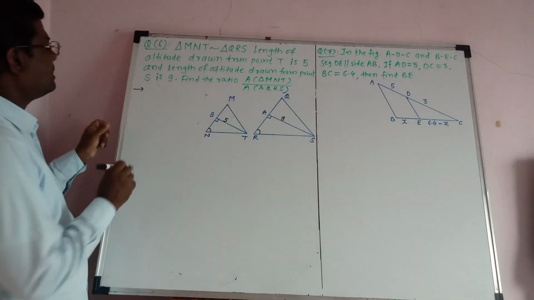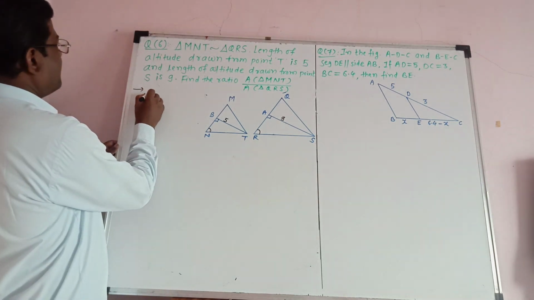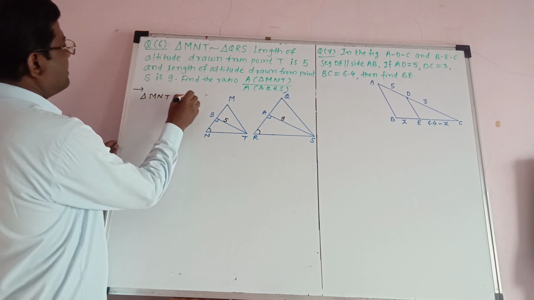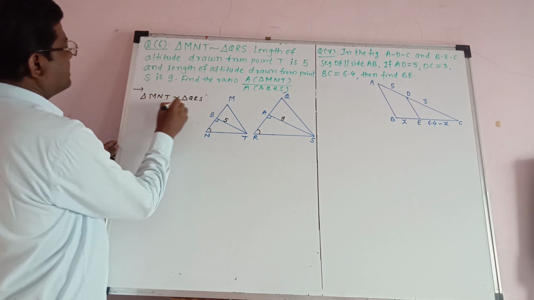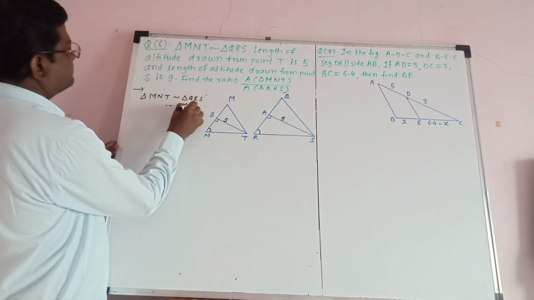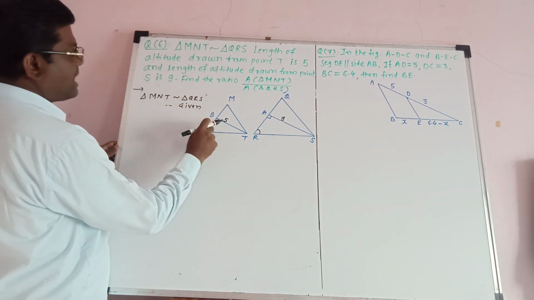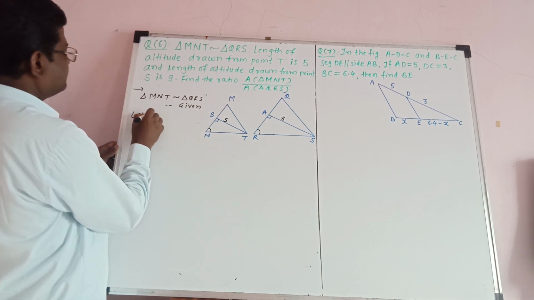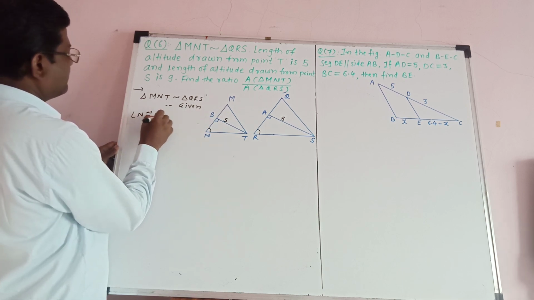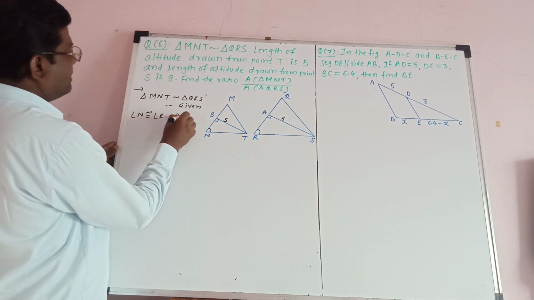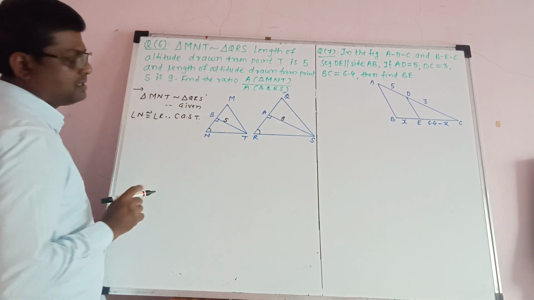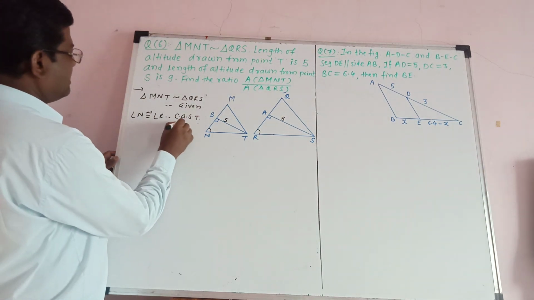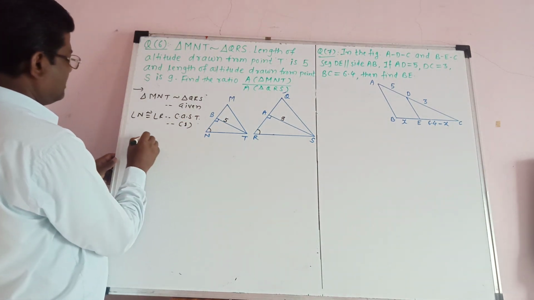Here we have given triangle MNT similar to triangle QRS. It is given. Therefore angle N congruent angle R. Reason is CAST, corresponding angles of similar triangles. Let this be equation number 1.